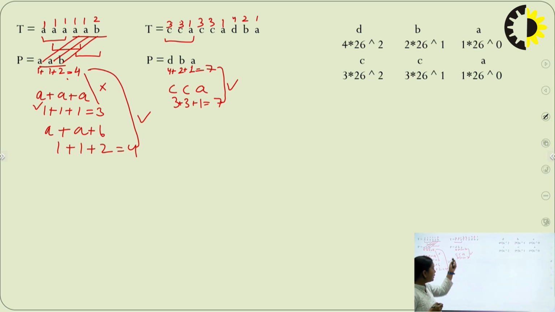When the hash value matches, we check character by character from the text to the pattern. When we check, the first character does not match, so there is no need to check further characters. This is called a spurious hit. A spurious hit is when the hash value matches, but when we try to match the characters from the text to the pattern there is a mismatch.